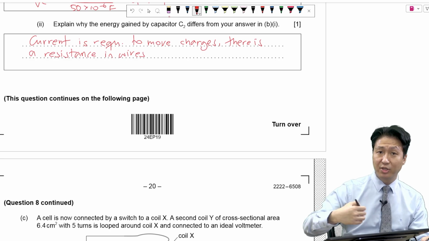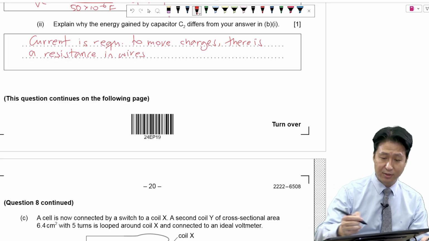So some of the energy is converted to thermal energy in the wires.